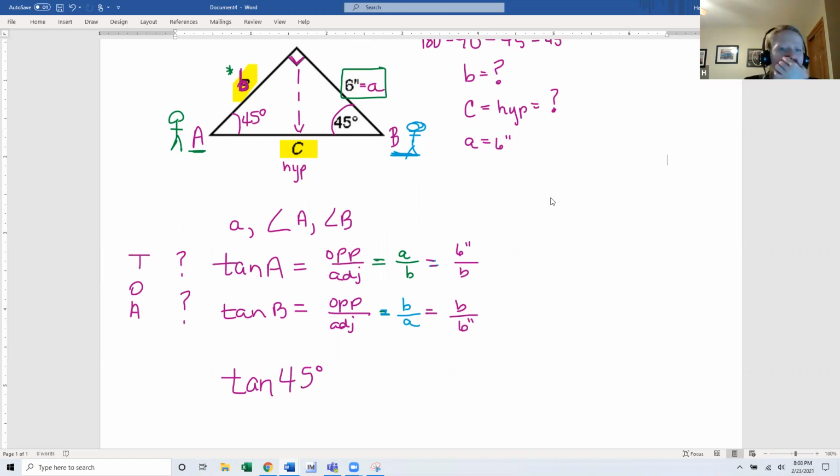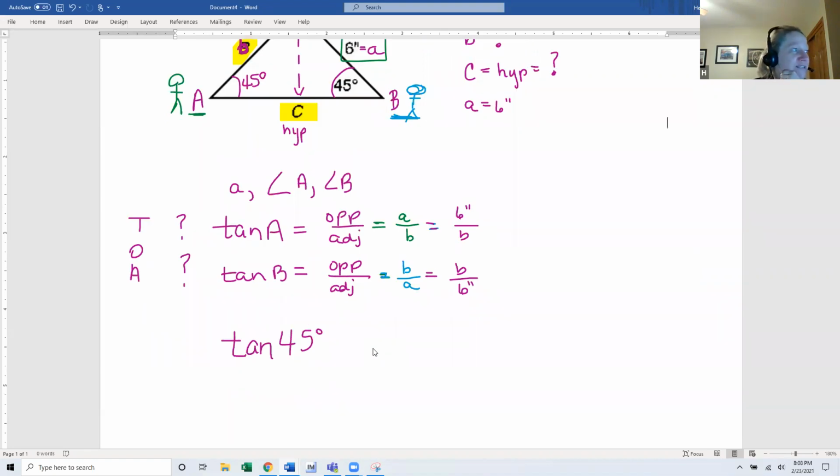We're going to do both of these because I'm going to show you how to solve either one. I'm going to show you 2 different ways to do this. All right, so tangent 45 degrees up here is 6 inches over B, right?